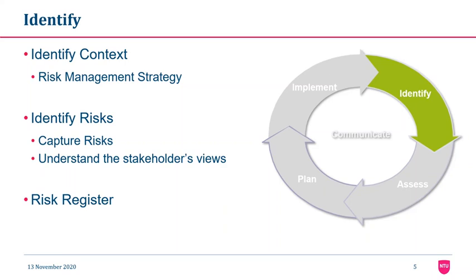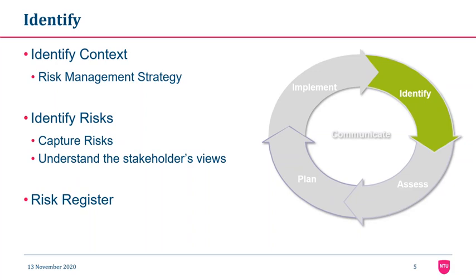Then we should identify risk. You and your team uncover, recognize, and describe risks that might affect your project or its outcome. Usually we review lessons learned from previous projects. We should look for any risk checklists available in the organization, or we can invite specialists into a room and do brainstorming activities to identify risk in a specific project.